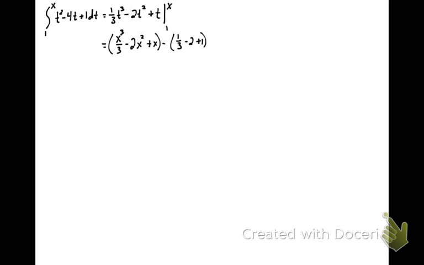Simplifying this down, we end up with 1/3 x cubed minus 2x squared plus x plus 2/3. So that's what we get when we integrate this by using the fundamental theorem of calculus.